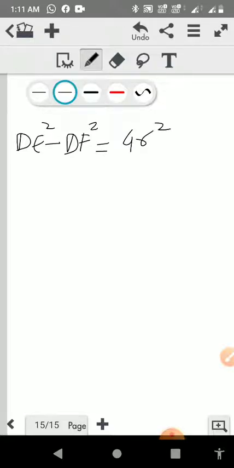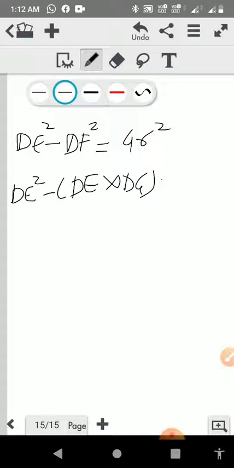So DE square as it is, I can write DF square as DE into DG, so minus DE into DG, which is equal to 4r square.